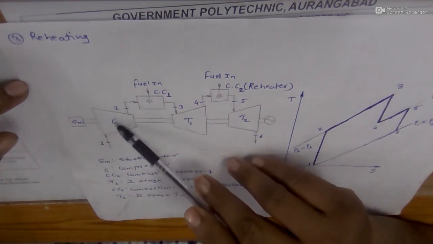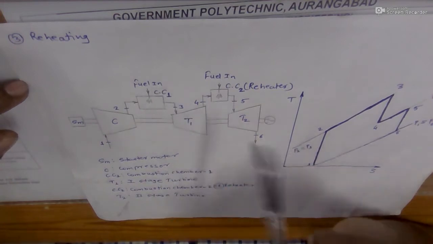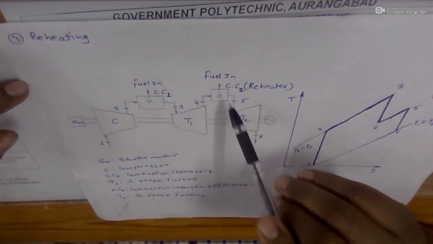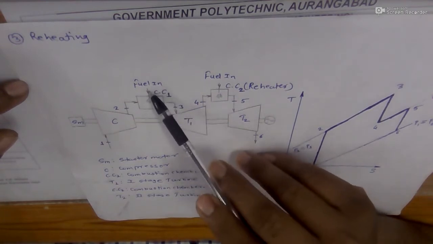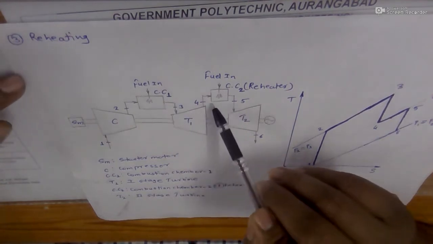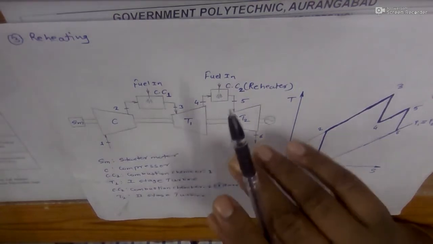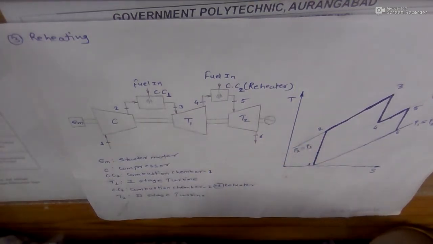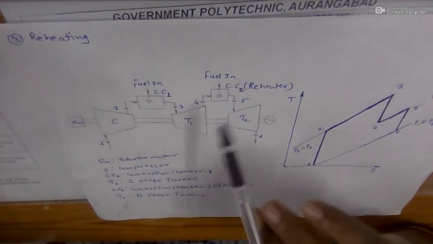In between the compressor and turbine 1 there is combustion chamber 1, and in between turbine 1 and turbine 2 combustion chamber 2 is present. Combustion chamber 1 is called the primary combustion chamber, and combustion chamber 2 is also called the reheater, as this is called a reheating process, through which we enhance the efficiency of the gas turbine.